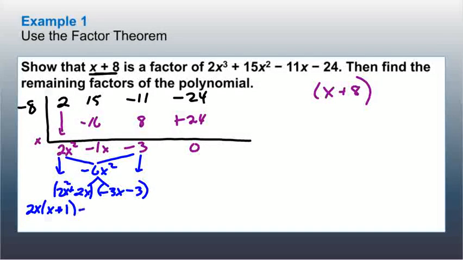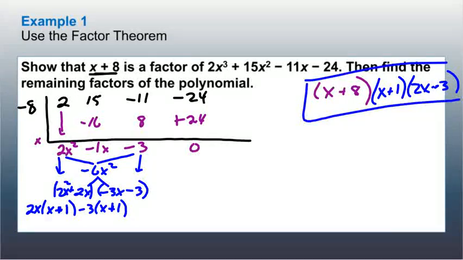Over here, I can factor out a negative 3, and I get x plus 1. So my other factors would be x plus 1 and 2x minus 3. So these would be our factors.